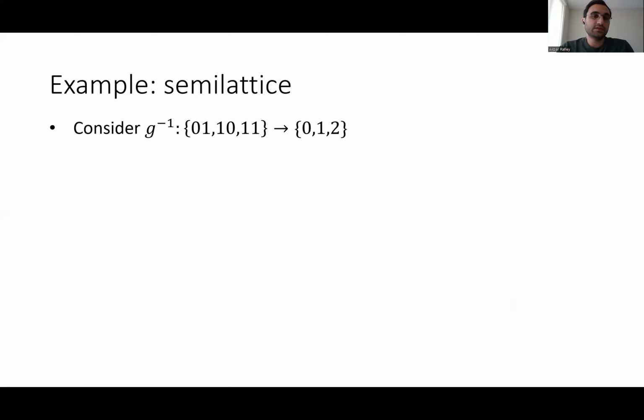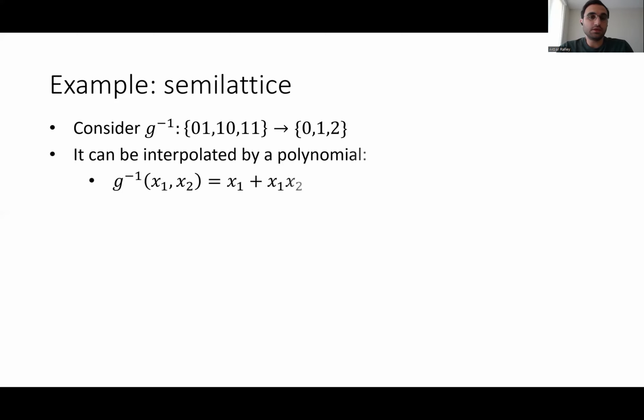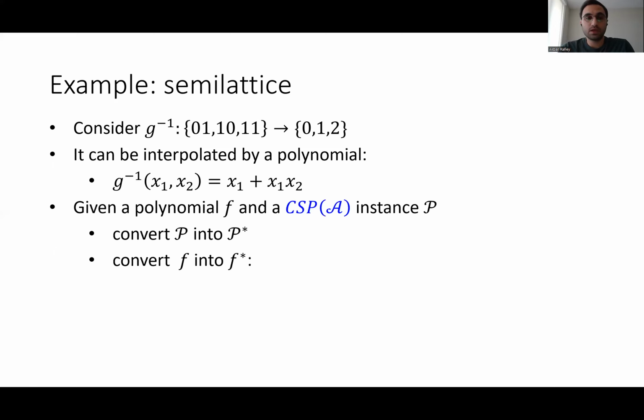And then the inverse of that mapping G can be interpolated by a polynomial. For instance, G inverse of X1 and X2 can be X1 plus X1 times X2. So now, given a polynomial F and an instance P of CSP-A, we do two steps.